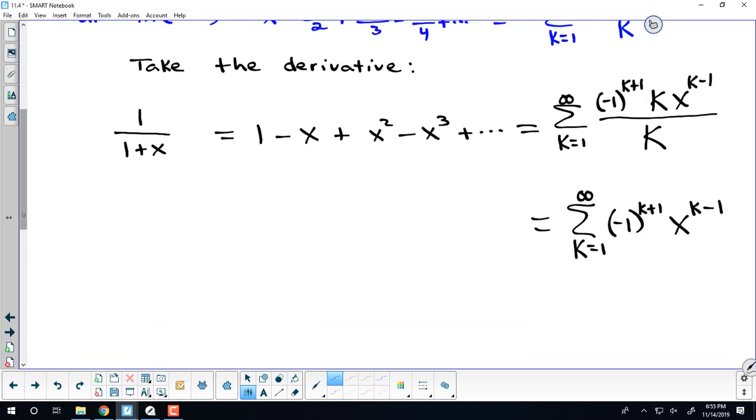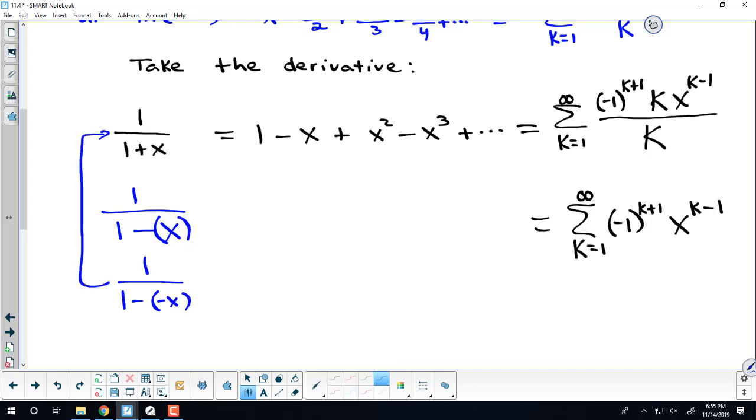So what are we looking at here? What is that new series? It's geometric, yeah. The only difference is that it's an alternating geometric. Remember, the geometric series looks like this for x values in between -1 and 1. If we take this x right here and replace it with a negative x, then we have that series there.